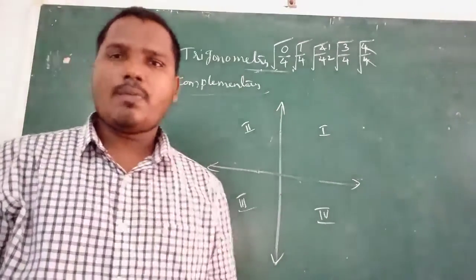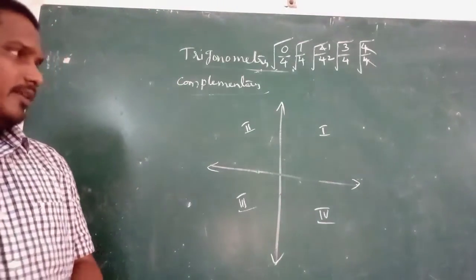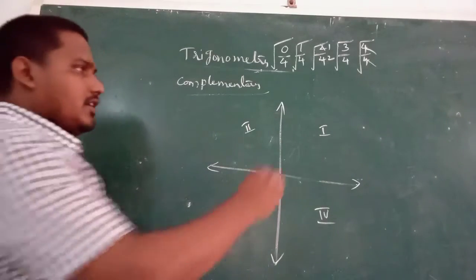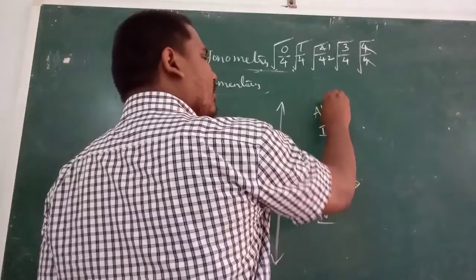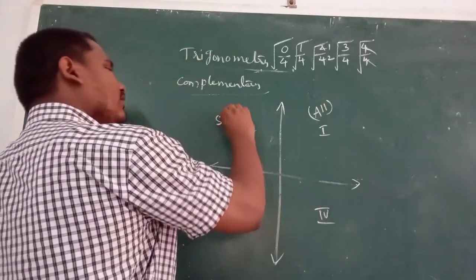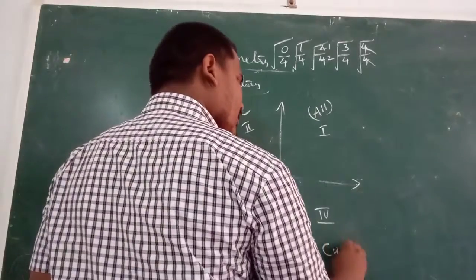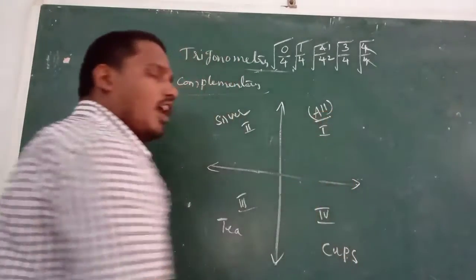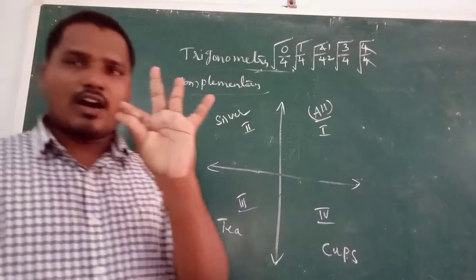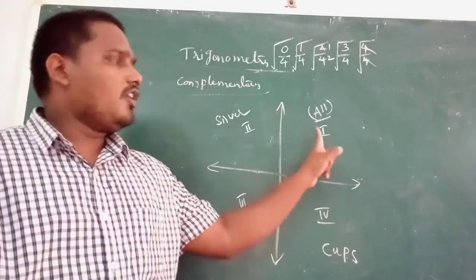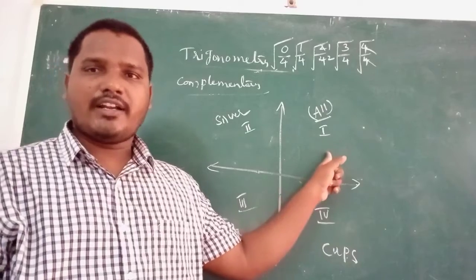Here, for our remembrance, we are taking the phrase all silver tea cups. Here A means all, that is sin theta, cos theta, tan, cot, cosecant, secant. All will be positive in the first quadrant.